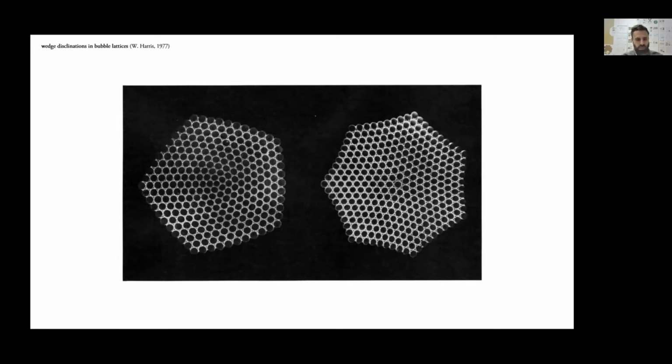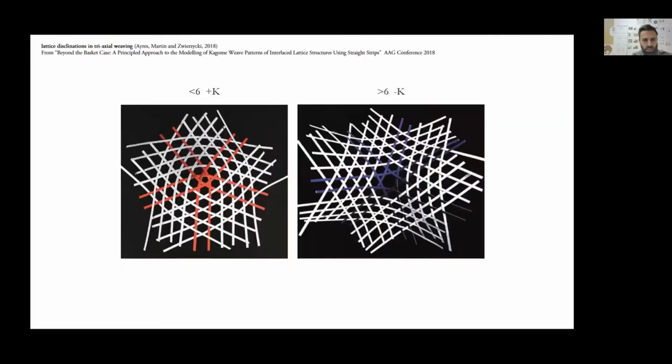But what's interesting, I think, about the disclination specifically is how the defect, quote unquote, or the position where the bubbles were added or removed cannot be identified. The concept itself can be applied to a larger scale in different kinds of material systems. So maybe some of you are familiar with the work of Alison Martin and her recent collaboration with a few architects.